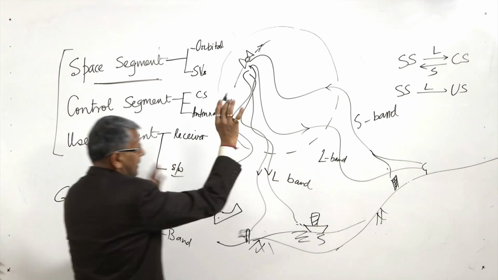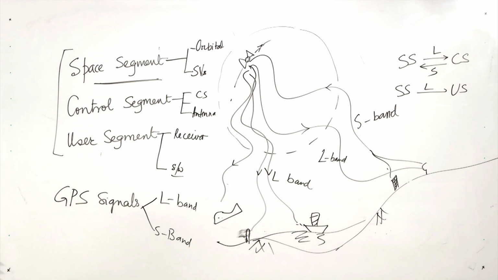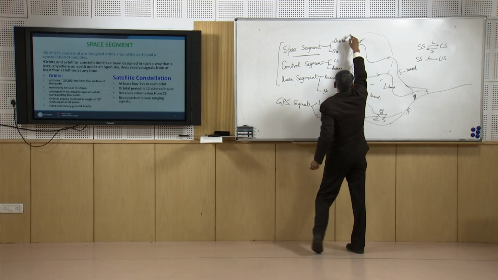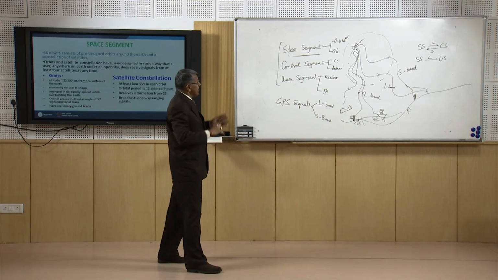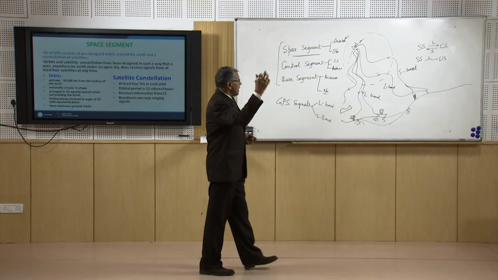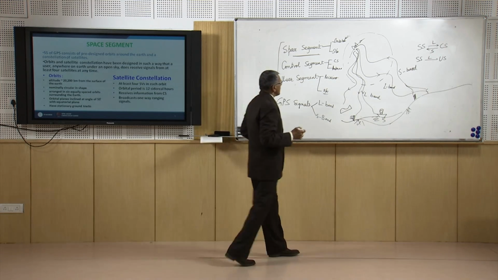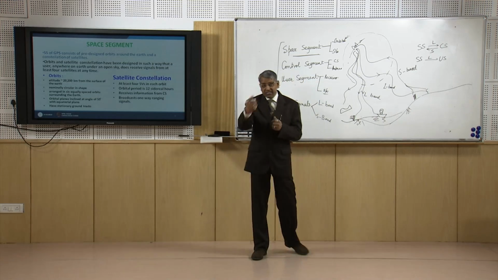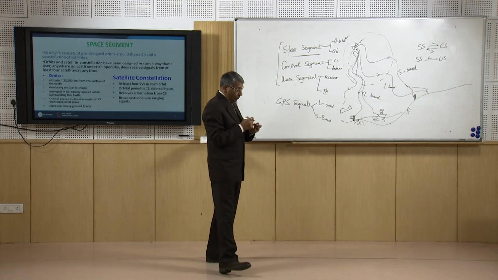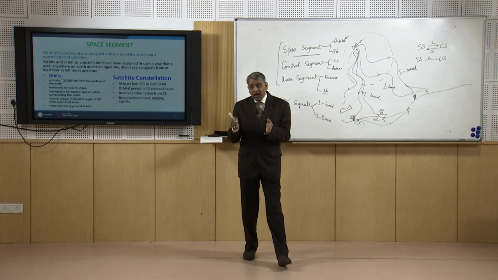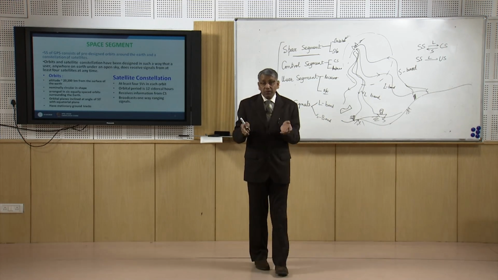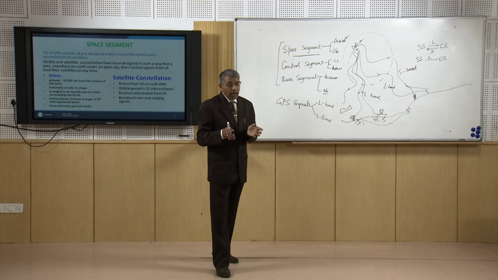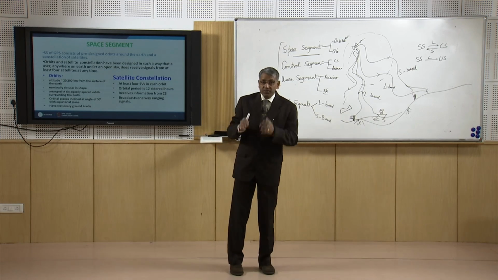So that is in short the GPS architecture. Now in the space segment there are some fixed orbital lines, designed along which the satellite vehicles move, and they are designed in such a way that, as I told you, GPS will be available for any person at any point at any time on the surface of the earth.